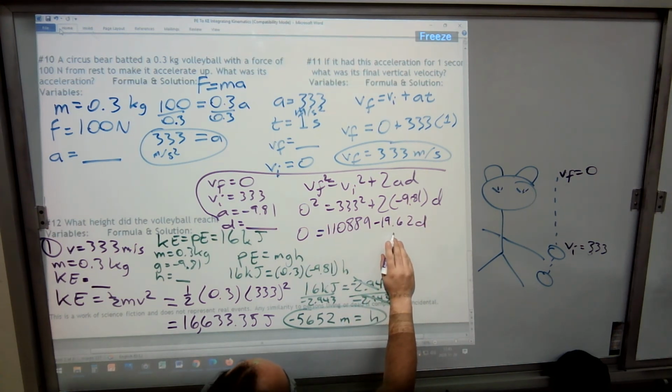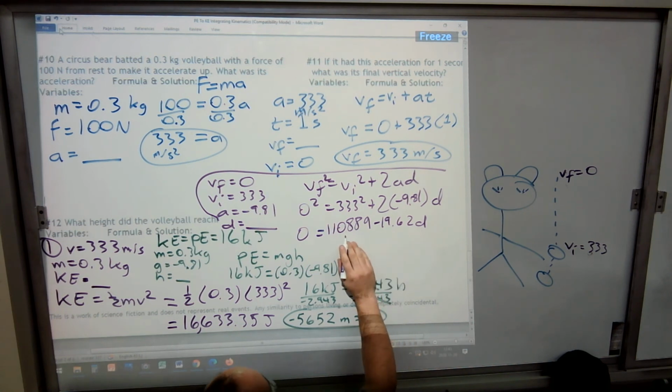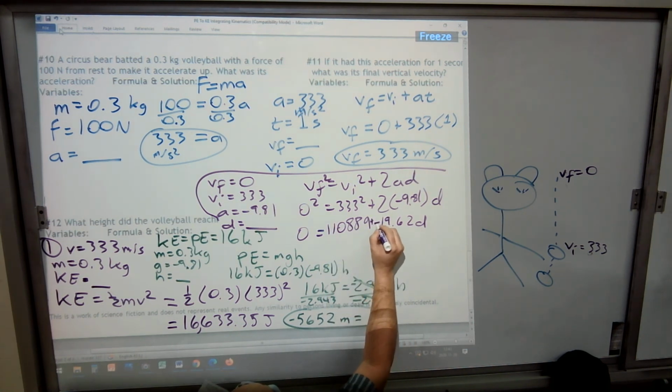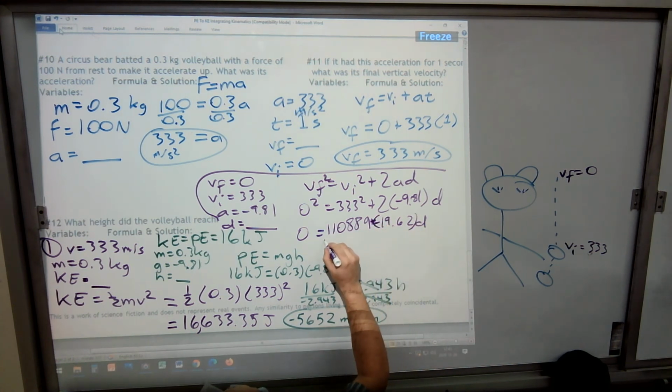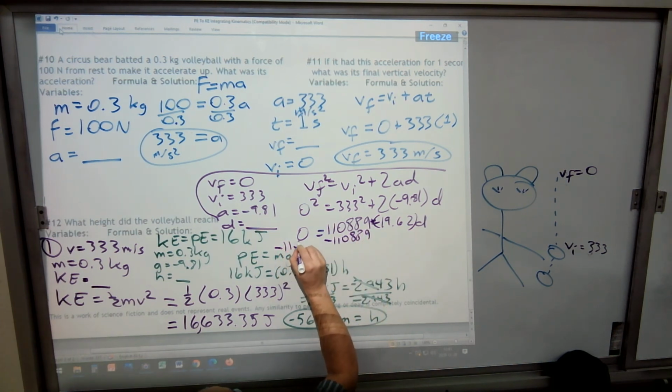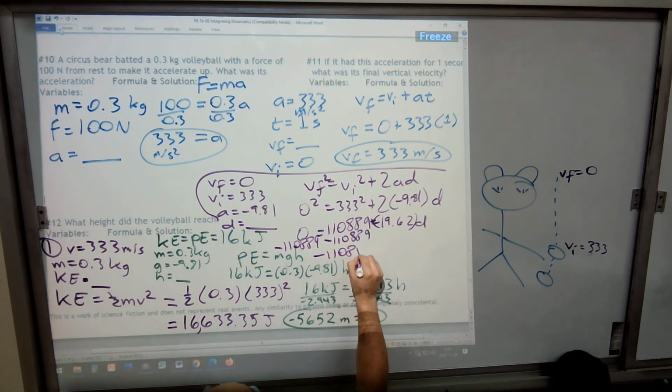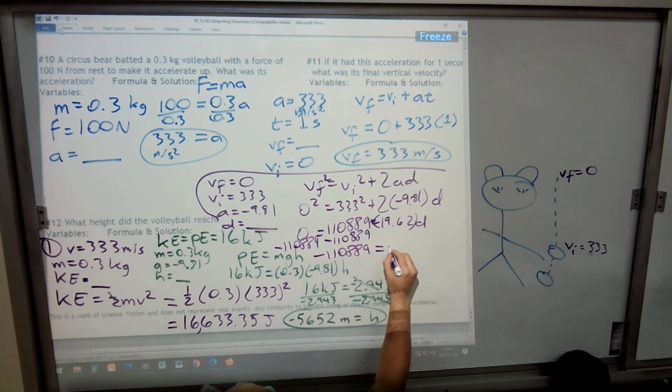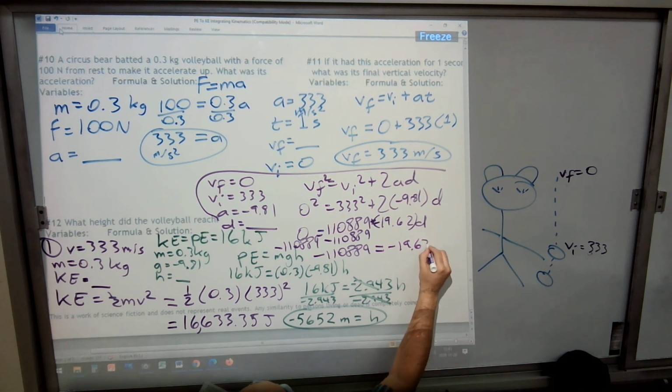Eventually I'm going to divide both sides by that 19.62, but I got to get rid of this one first. I'm going to subtract 110,889. So now I've got negative 110,889 equals negative 19.62 d.